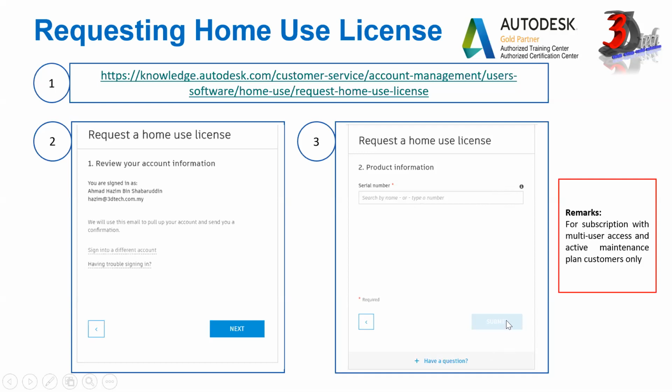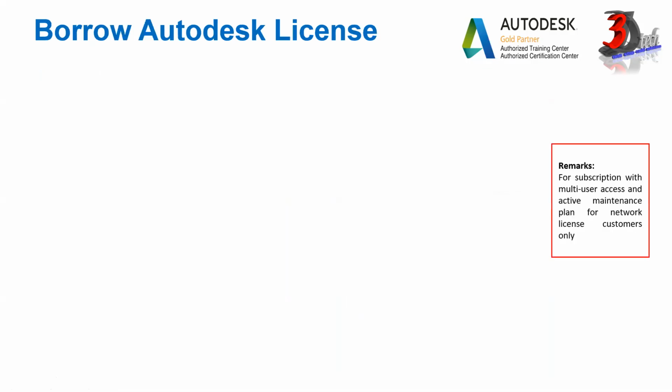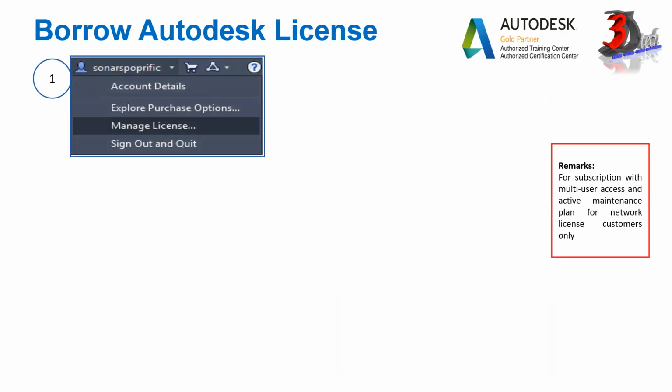It will give you the license via email notification. The other option is to borrow an Autodesk license. As I mentioned earlier, you have to be in your network area.